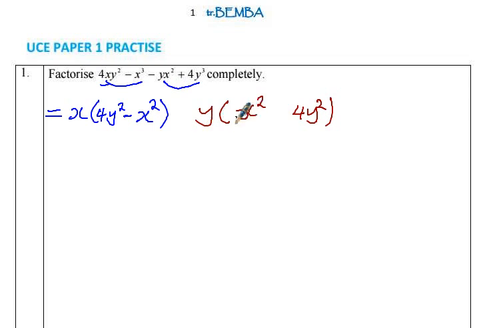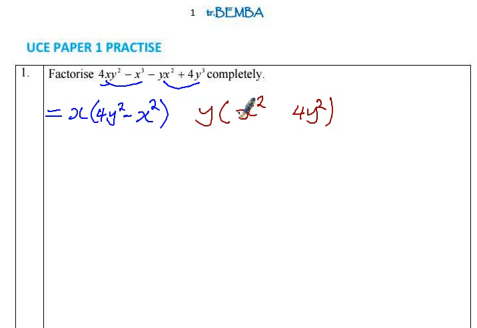When I look at my second bracket here and compare it with this, I see that I have 4y squared, I have 4y squared. I have minus x squared, I have x squared here. Remember, we are dealing with factorization. So since I'm factorizing, my strategy here should be to make sure that what I have in brackets is the same.